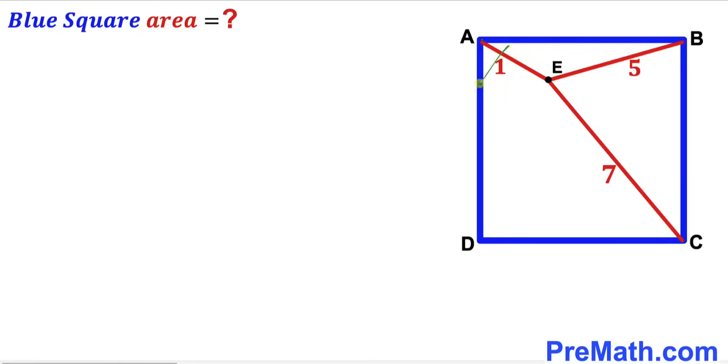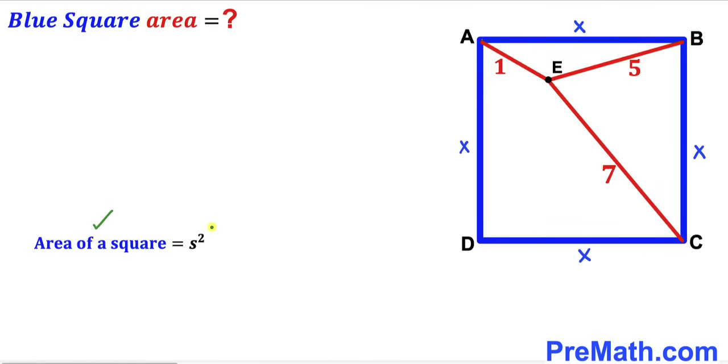Let's focus once again on this blue square ABCD. Let's assume the side length of this square is x. Since all the side lengths are equal, each side is x across the board. Since we are interested in calculating the area of this blue square, let's recall the area of a square formula.